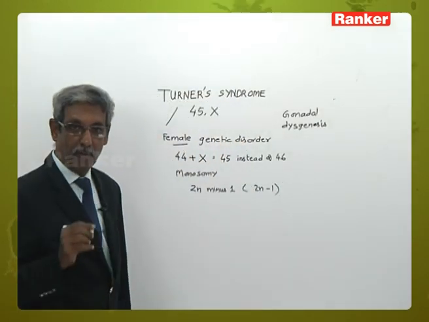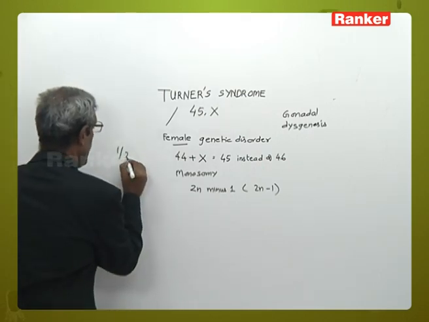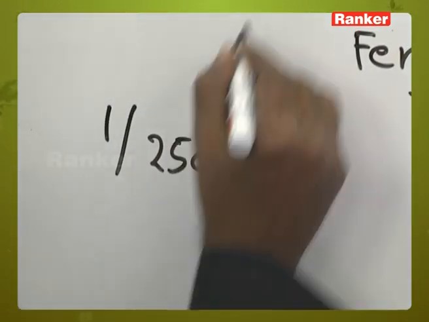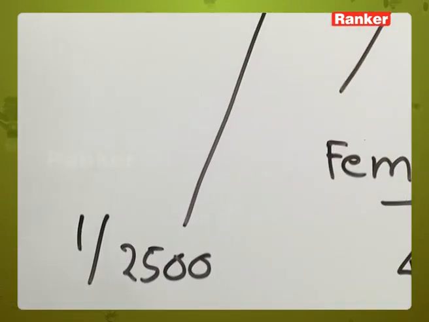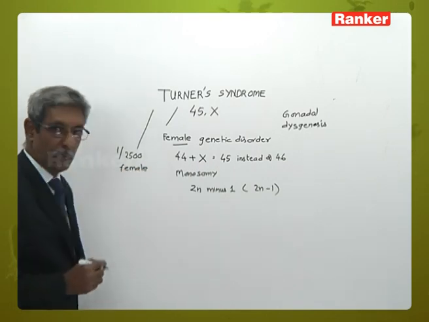And the probability of the occurrence of Turner syndrome is 1 by 2500 in female births.